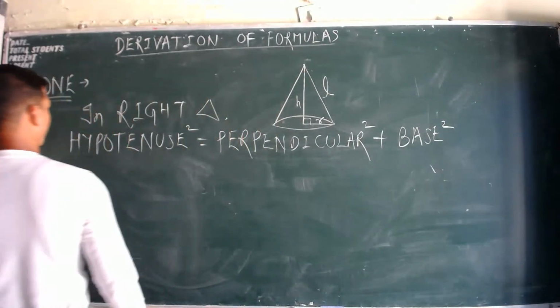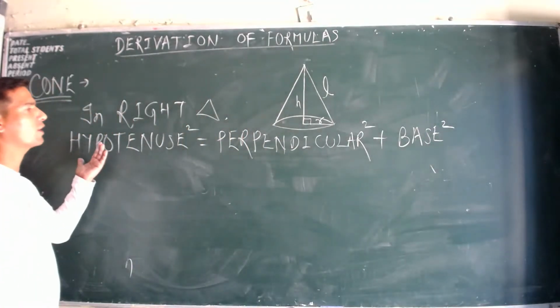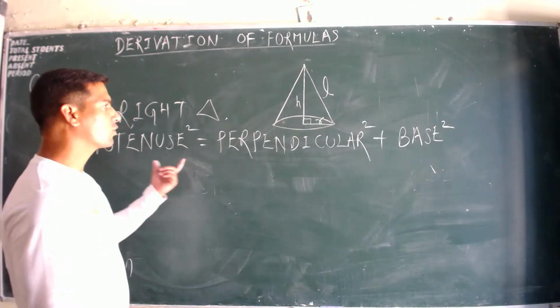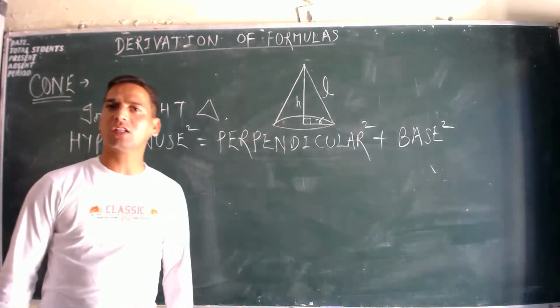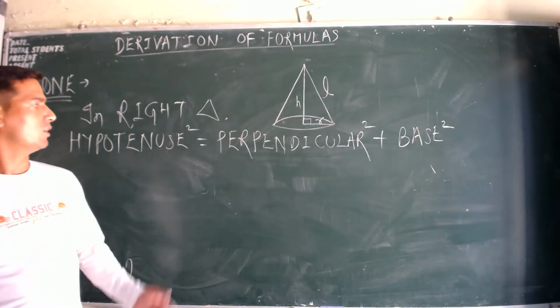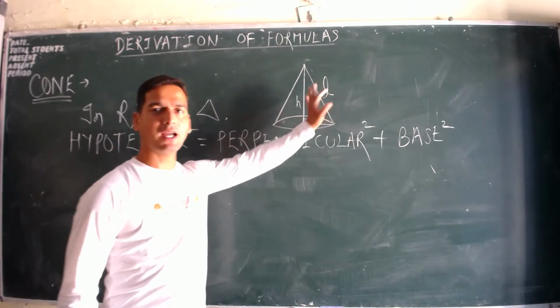This is the statement of the Pythagorean theorem. Actually, the statement is the square of the longest side is equal to the sum of the squares of the other 2 sides. So hypotenuse is represented by l.